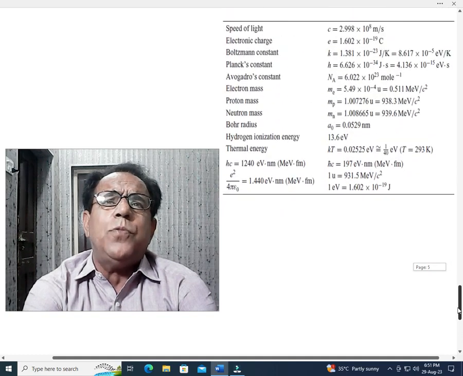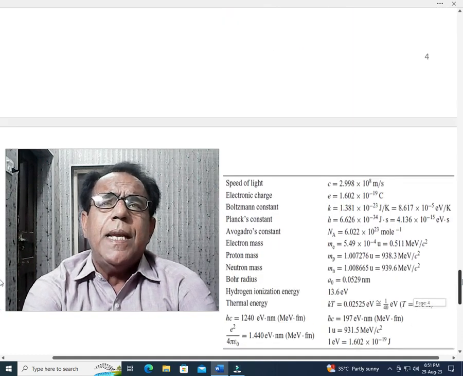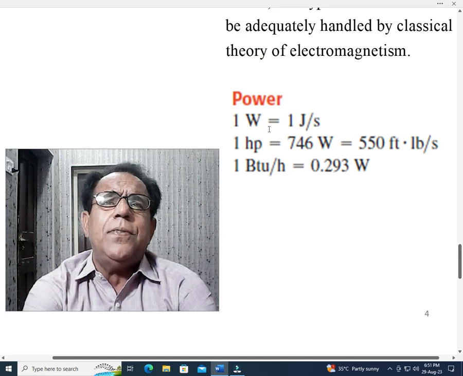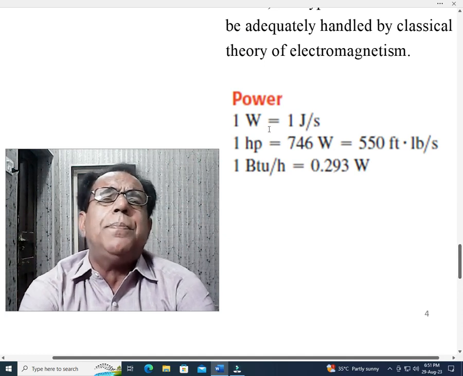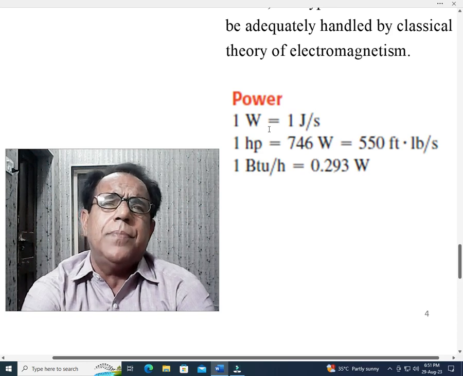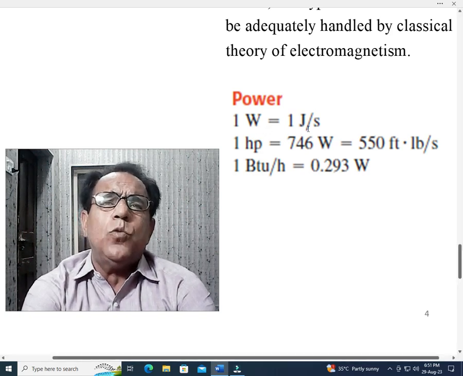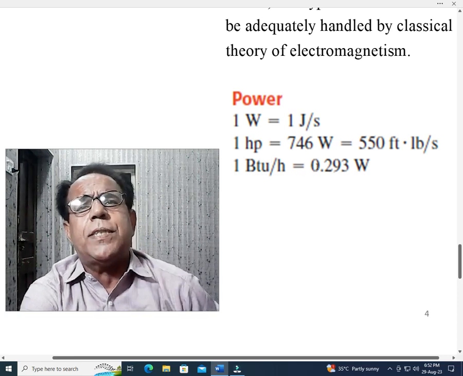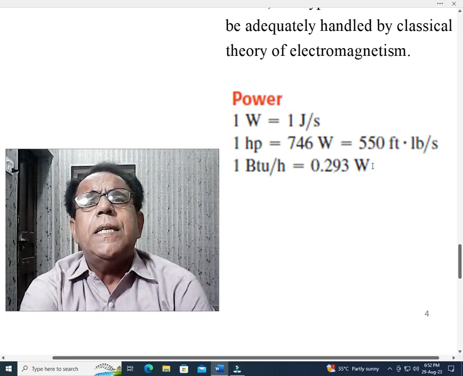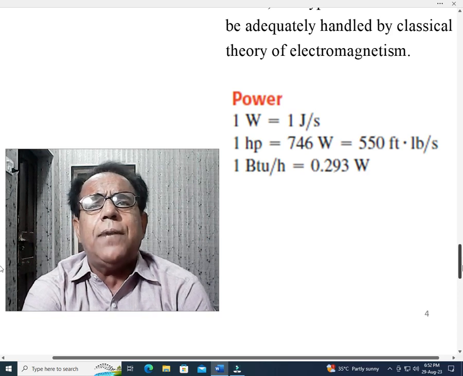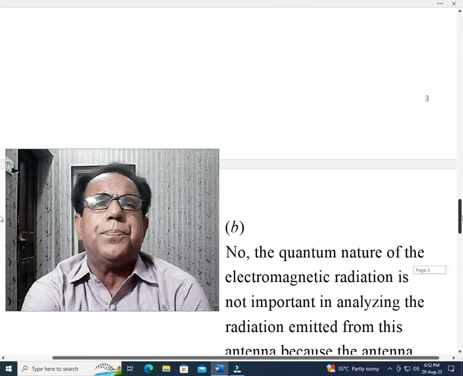One table is of physical constants and the other table gives some information about power. 1 watt is equal to 1 joule per second, 1 horsepower is equal to 746 watt equal to 550 foot pound per second, and 1 BTU per hour is equal to 0.293 watt.